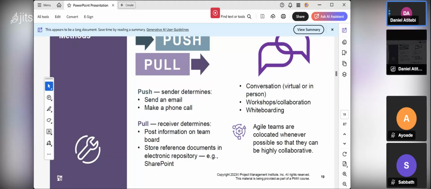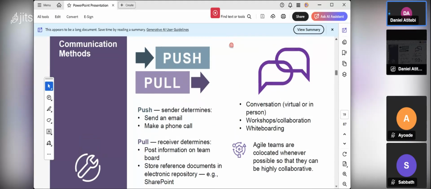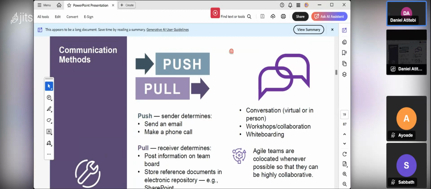The other one, where I can see you face to face, is the one they call interactive. You can see me, I talk with you, you respond back to me. I can clarify issues that are not clear about the project with you. Conversation, virtual or in person, or workshop, or collaboration. You can arrange a workshop whereby all the team members and all the stakeholders will come together and collaborate and track issues that are affecting the project.